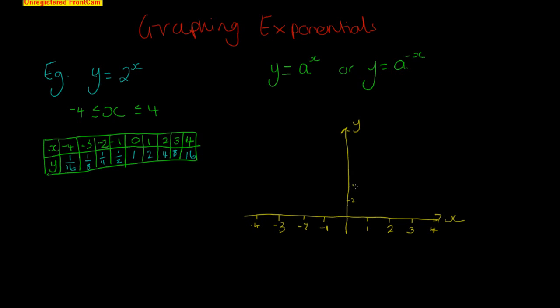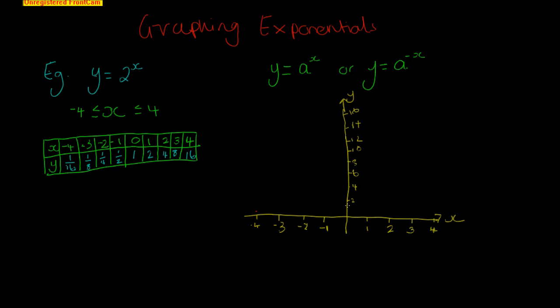2, 4, 8, 12, 14, 16. Graph. So at -4 we had 1/16, so it's going to be really, really close to the axis. Then at -3 we had 1/8.